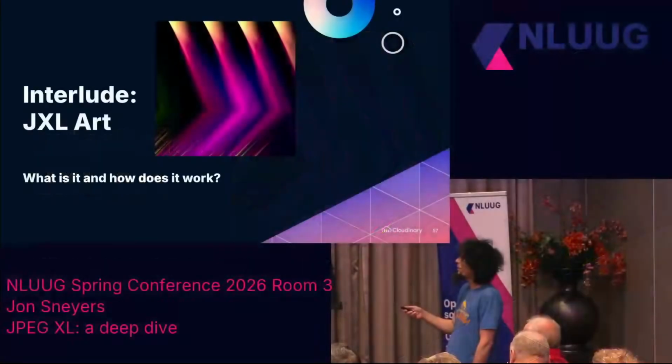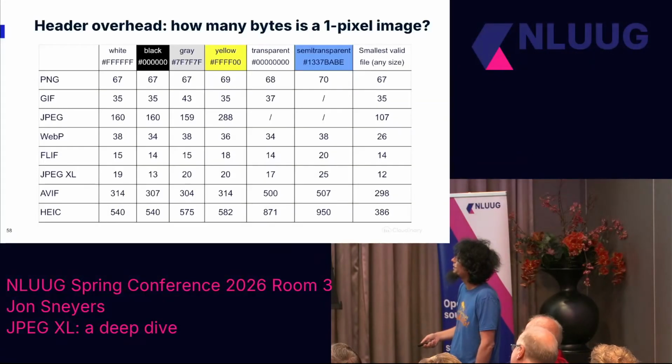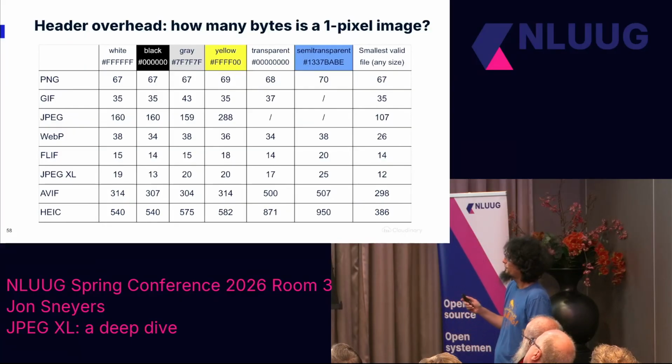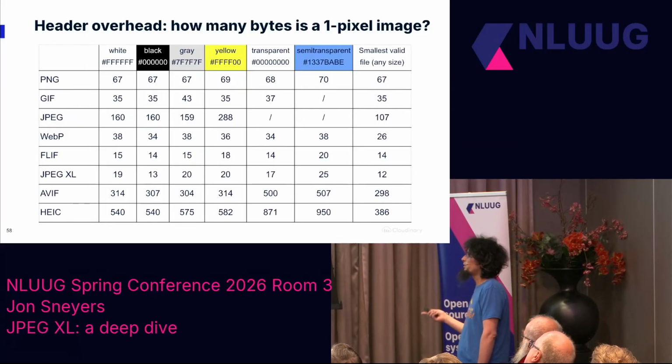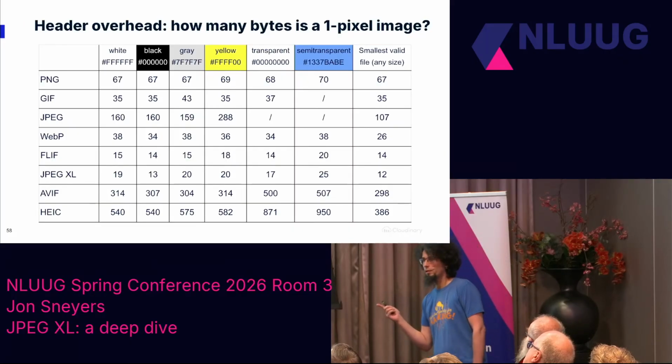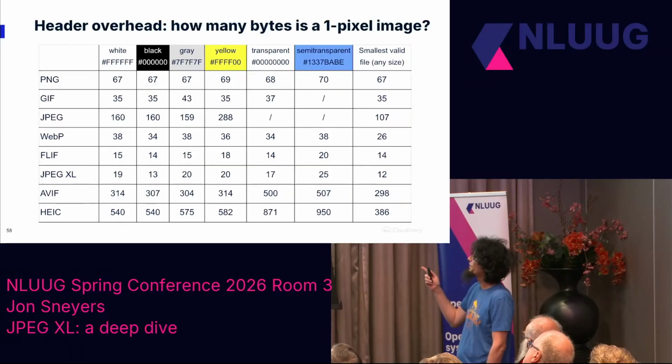I had an interlude about JXL art, which is basically using very small bitstreams that produce nice images. We can do this because the header overhead is very small in JPEG XL. You can do a single pixel image in 13 bytes.